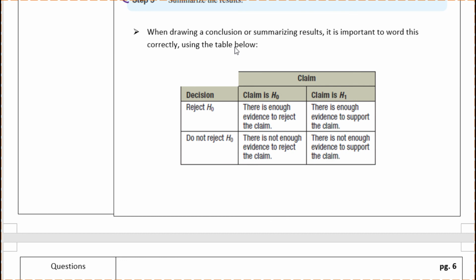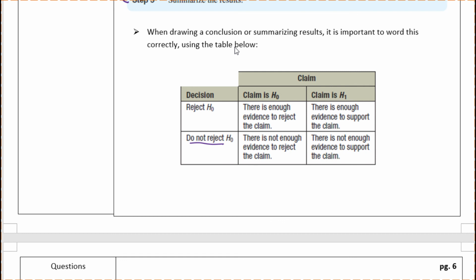So there is enough evidence to support the claim, because the claim is H1. If we're failing to reject H0, then really we're rejecting the alternative, right? So if we do not reject H0, and the claim is H0, there is not enough evidence to reject H0. If we're not rejecting H0, but the claim is the alternative, then we say there is not enough evidence to support.